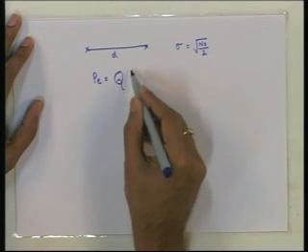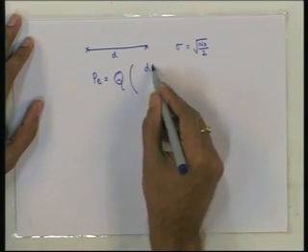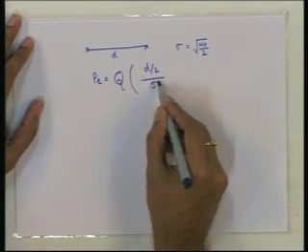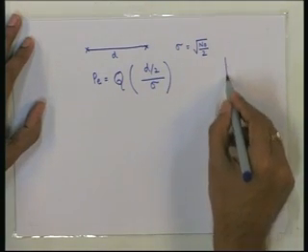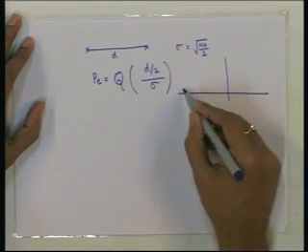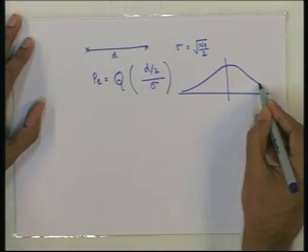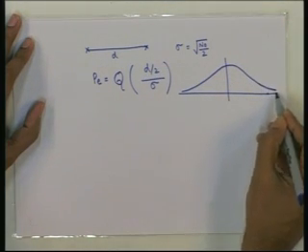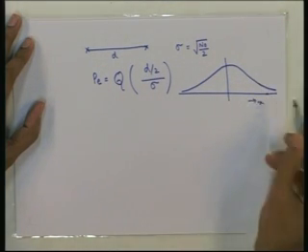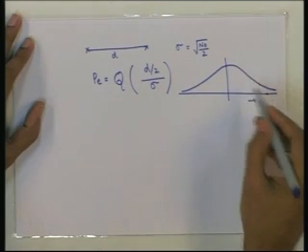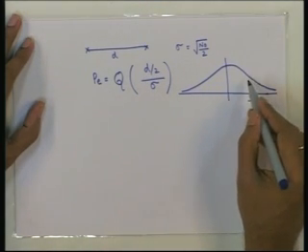Q of d by 2 sigma, where the Q function is the area under the Gaussian probability density function of 0 mean and unit variance.